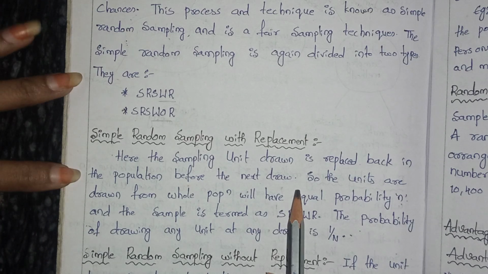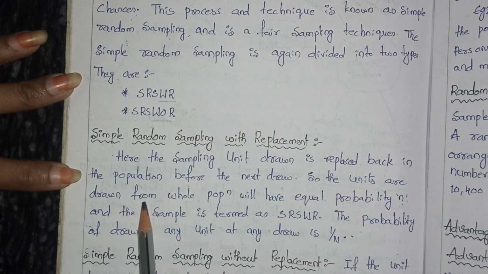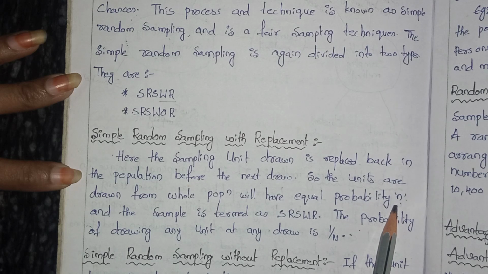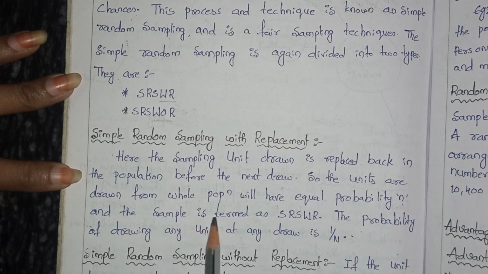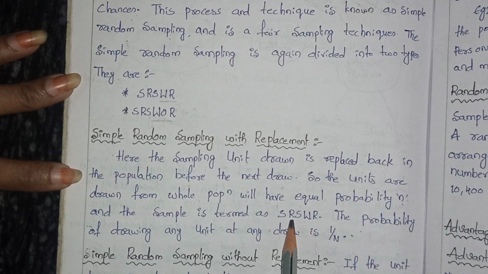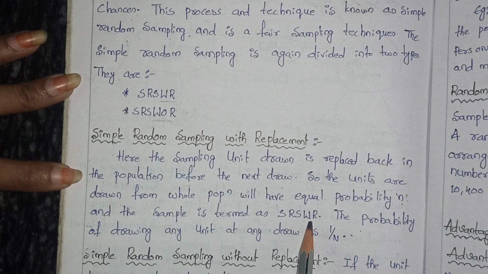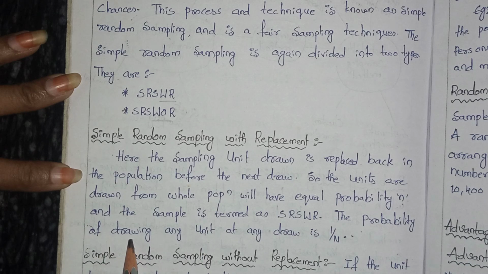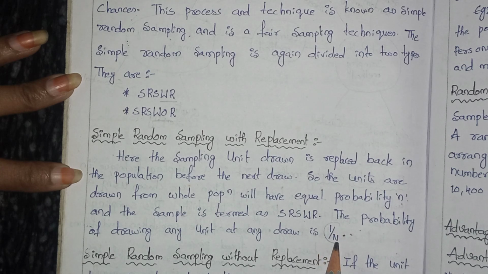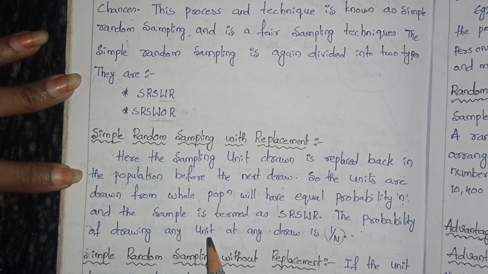The units are drawn from the whole population with equal probability, and the sample is termed SRSWR, simple random sampling with replacement. The probability of drawing any unit at any draw is 1 by capital N, because everyone has equal chances, so every unit has the same probability.